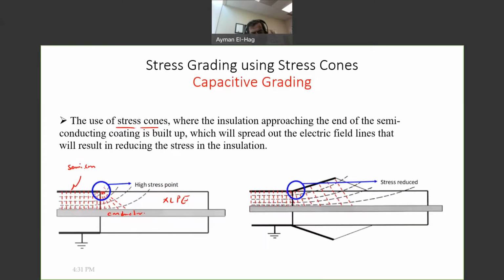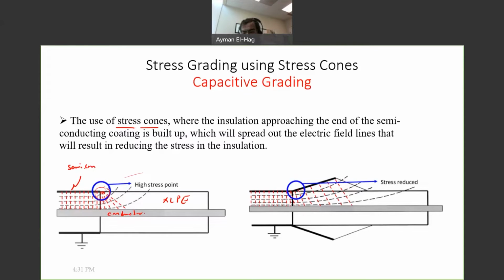Now here, as we agreed, it is a very high electrical stress. So what we do here, we extend the insulation, but in a wider space or a wider area. So this will be your insulating material. So you add and you have the shape of a cone.